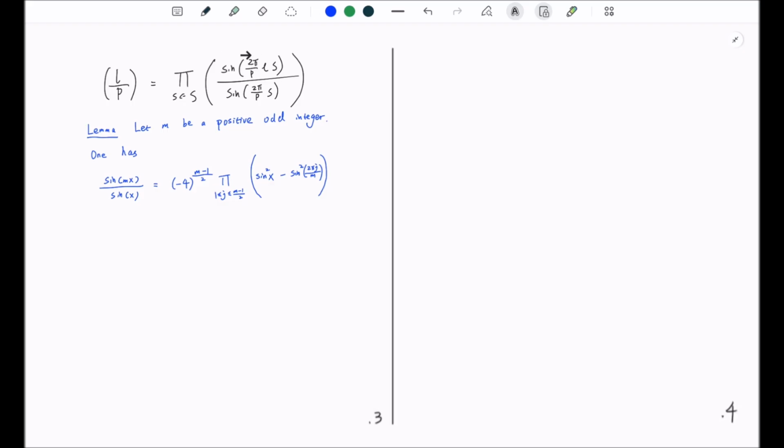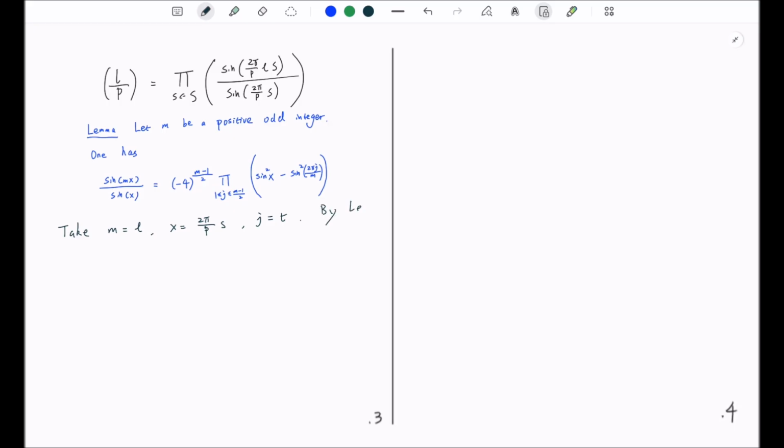We're going to replace each factor on the right-hand side by this product. To this end, we take m to be l and x to be 2π/p times s, and we're going to replace j by another variable t for convenience.